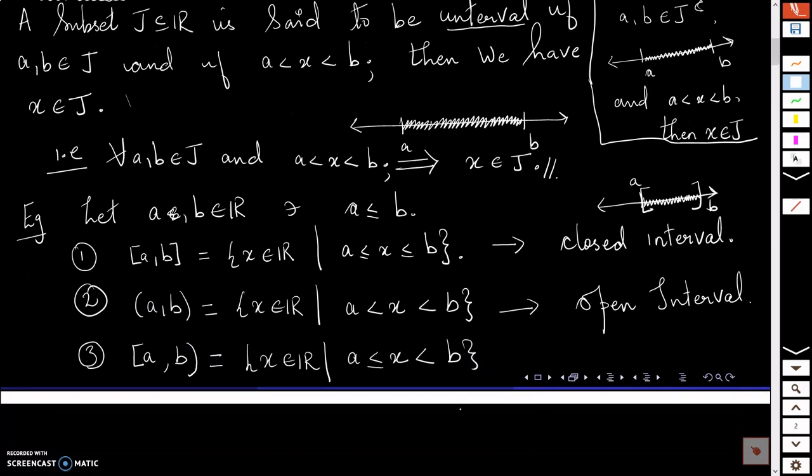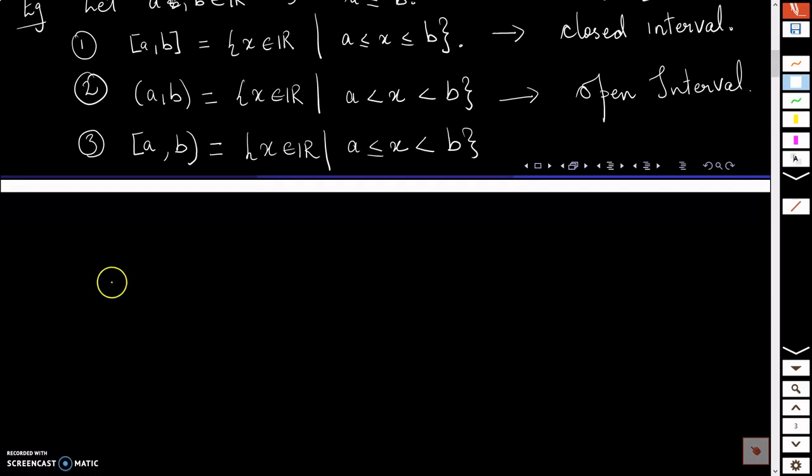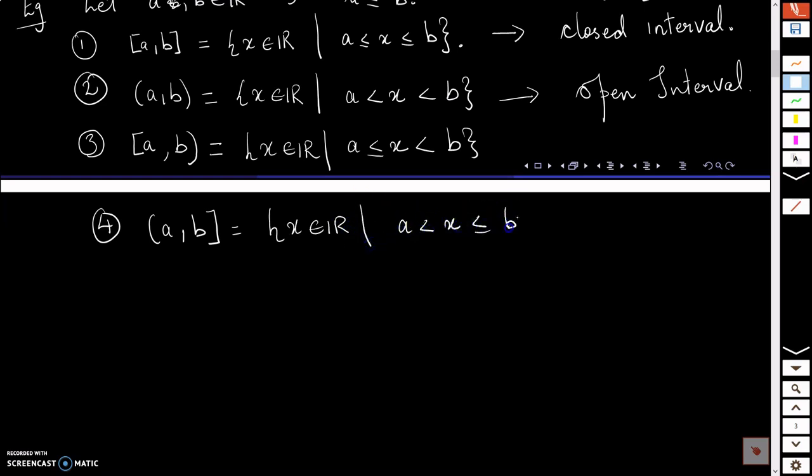All right. The fourth kind of interval that I have is a similar one. Now the right endpoint will be included and the left one will be excluded. So I have open at A and closed at B, and this is nothing but the set of all real numbers x such that A is strictly less than x and x is less than or equal to B. So in the third and the fourth one, one endpoint is included whereas the other one is not included.